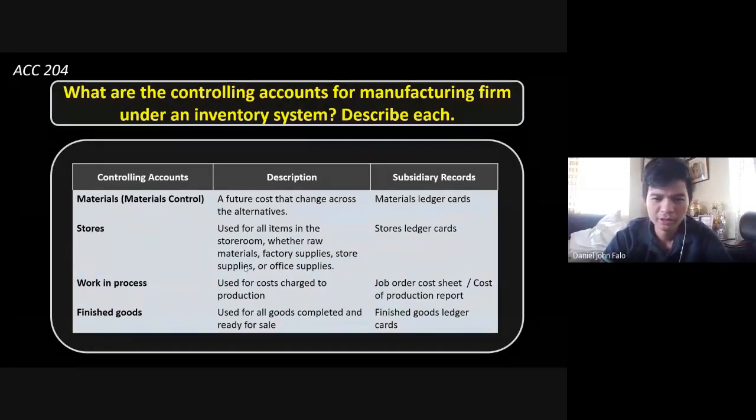So, we are using stores ledger cards. Pag kukuha tayo ng materials from the storeroom, i-release na natin yung ating raw materials. So, pupunta na siya dun sa work in process. If you are using job order costing, the records to be used for work in process is what we call job order cost sheet. Pero pag process costing, we are using cost of production report.